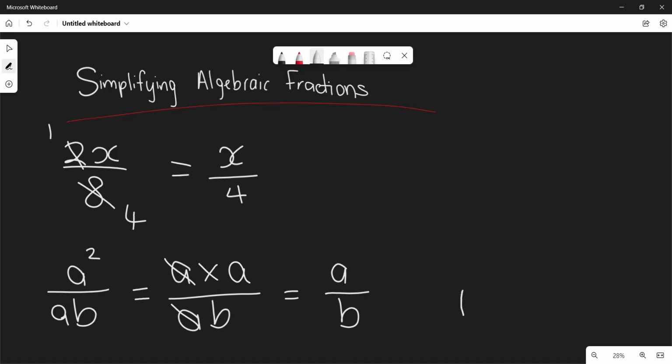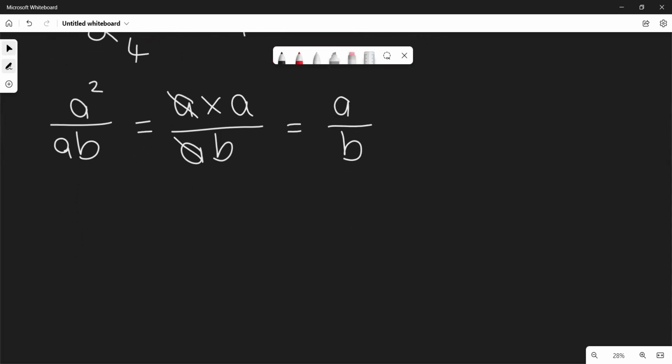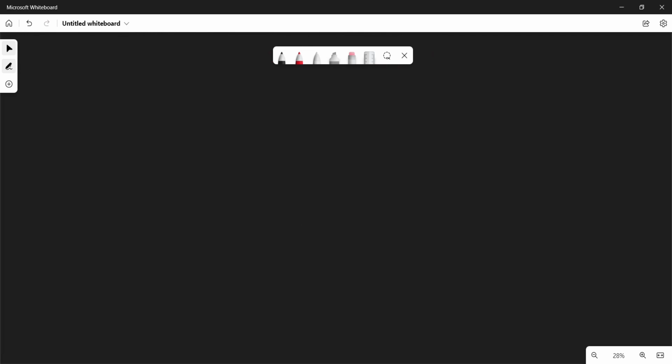Right? So in the first example, we see that we can reduce the constants, and in the second example, we see that we can cancel or eliminate letters, right? So, we are going to do our next example. This one is 10x over 15xy.